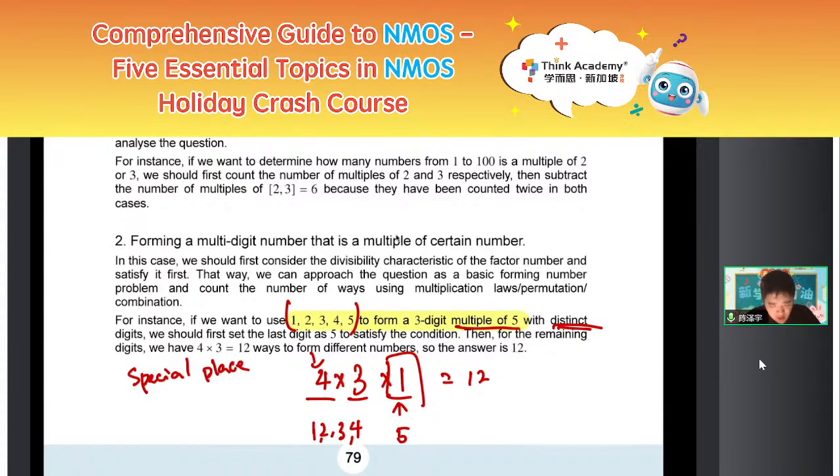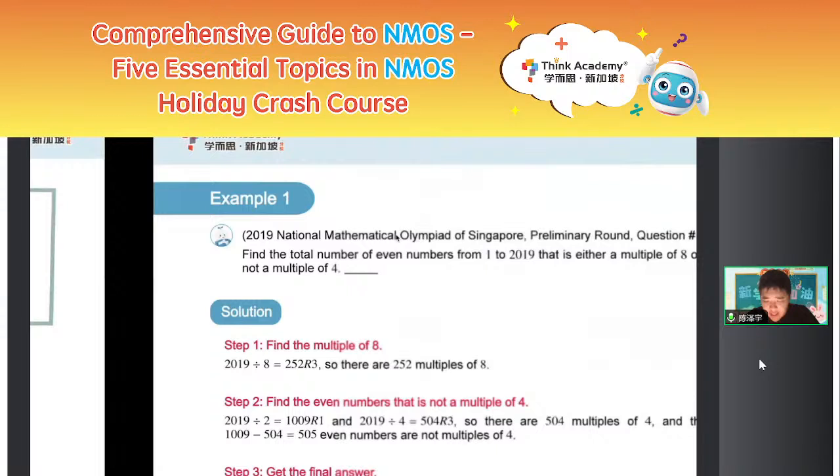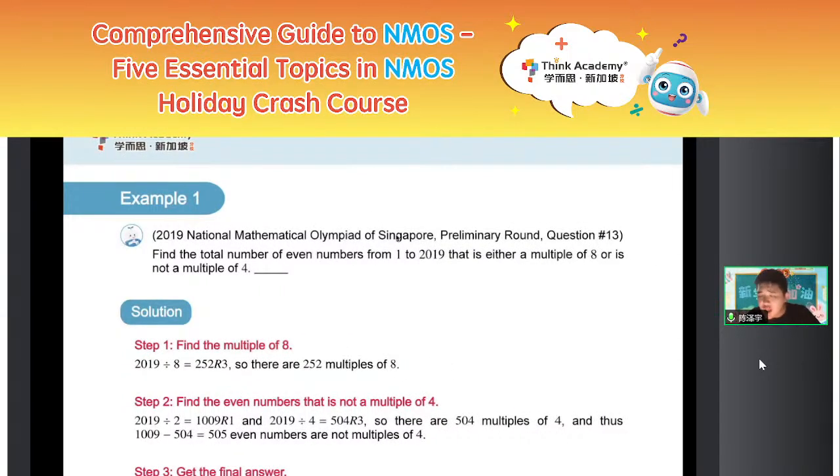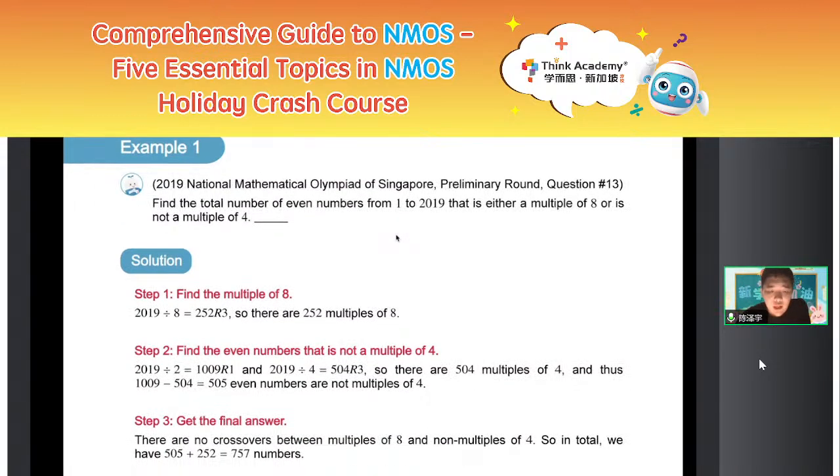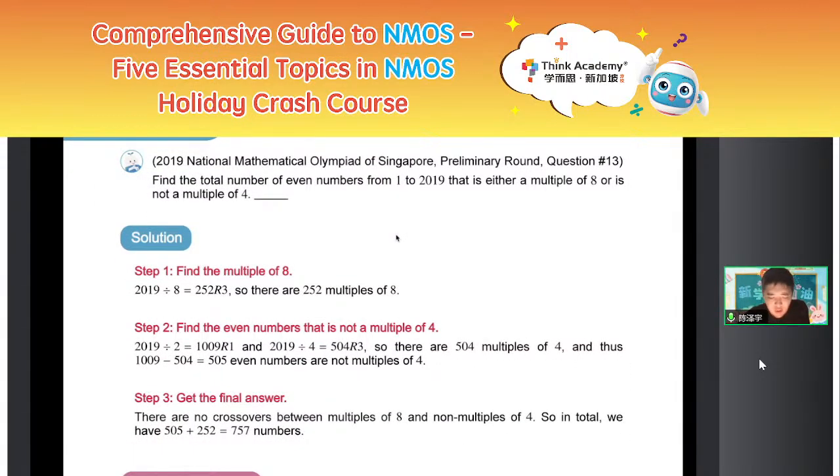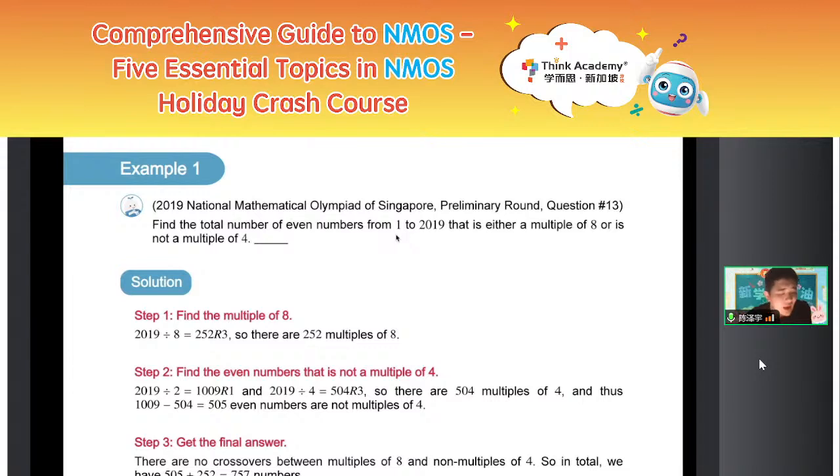Okay, so the first question is actually about inclusion and exclusion, where here I help you draw the Venn diagram. Even though I think it was me who wrote this solution, is it? It's not really me. All right, but anyway, let's draw the Venn diagram here.